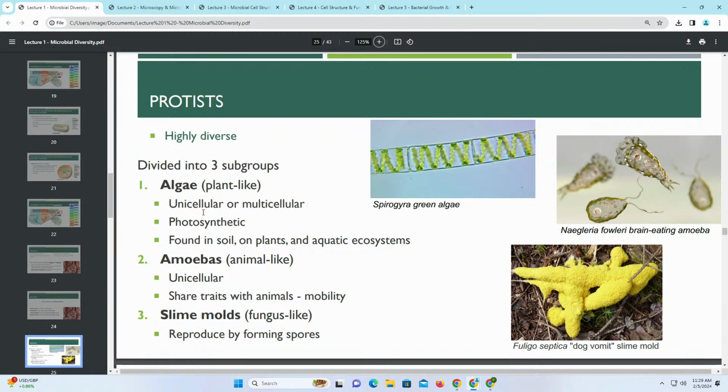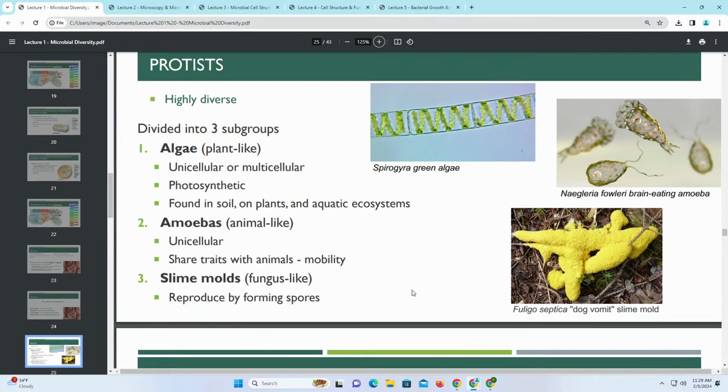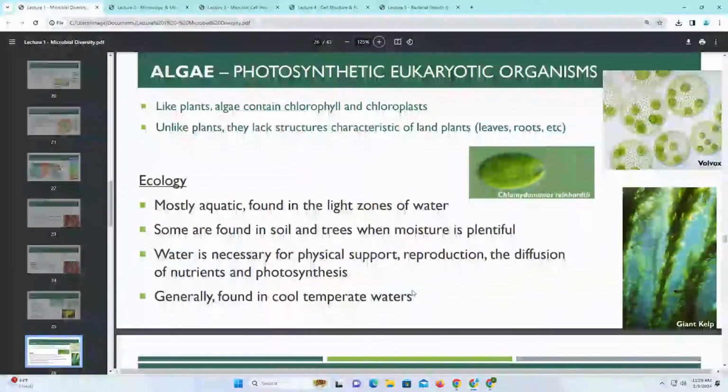They can come in both unicellular and multicellular forms. Where are they found? That kind of thing. Amoebas are unicellular, and some slime molds are fungus-like and form spores. So kind of memorization there.